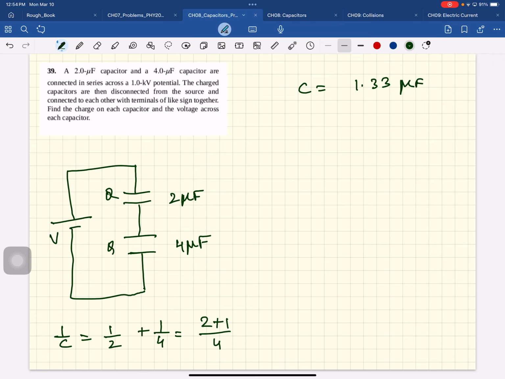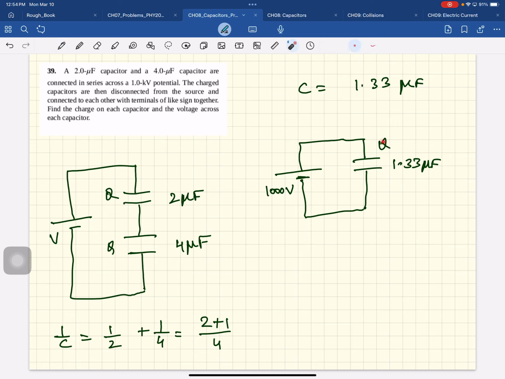So our circuit is, okay, so that's the equivalent capacitance. And now we'll find the charge on this guy, and the charge on this guy will equal these two charges.